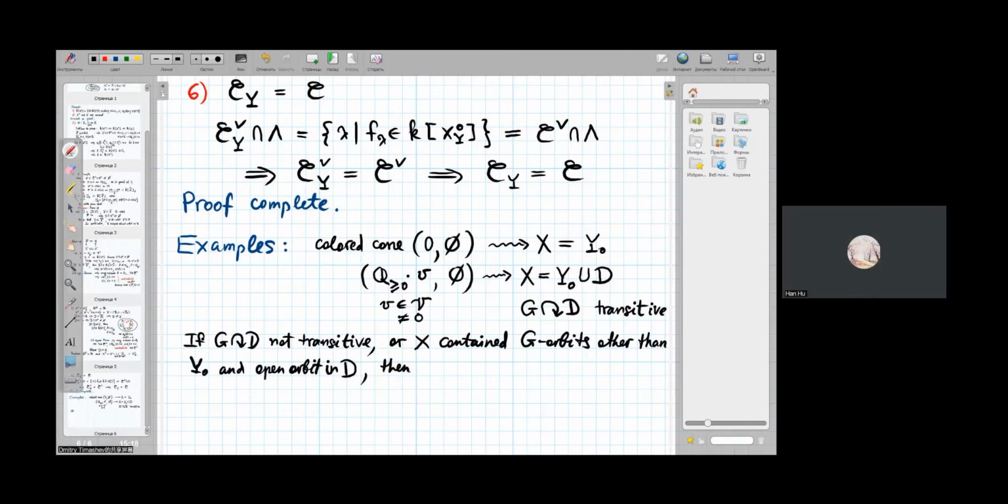If X contains some other G orbits, then we could remove all these other orbits in X, and what will be left?